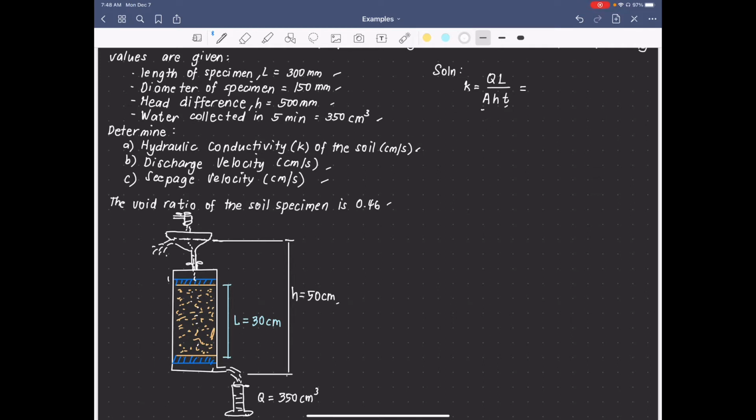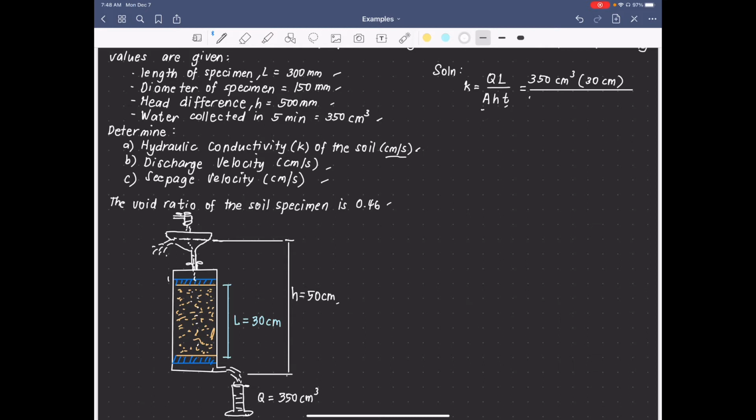Take note that we need the hydraulic conductivity in centimeter per second, so we have to convert some of the given values. Q is 350, that's already in cm, so this is cm cubed. The length of the specimen is 30, in cm. The area of the specimen, that is a cylinder. Our permeability apparatus or permeameter is a cylinder.